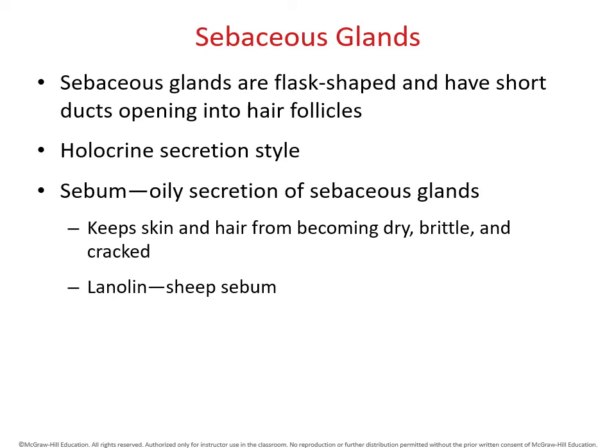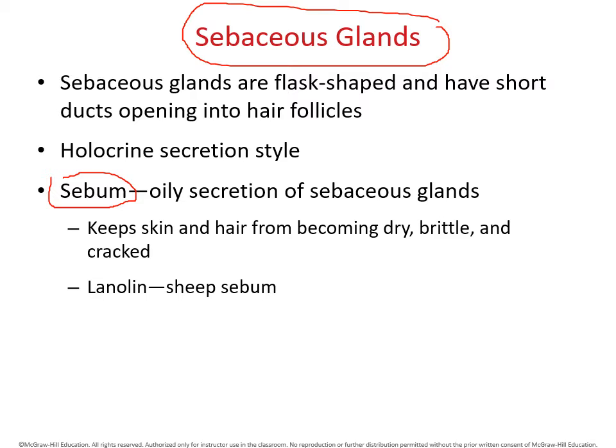All right, now our next glands are going to be our sebaceous glands. Sebaceous glands produce sebum. Sebum is more of an oily, lubricating secretion. A best example of sebum is what many of us will see within our scalp.